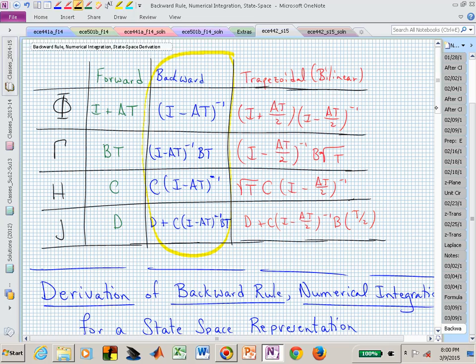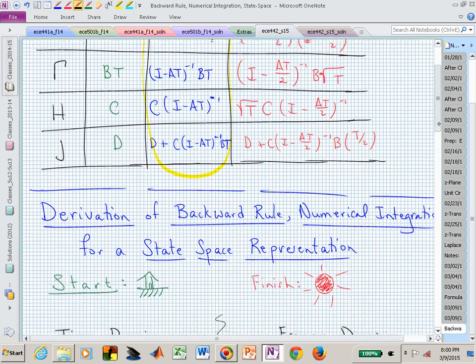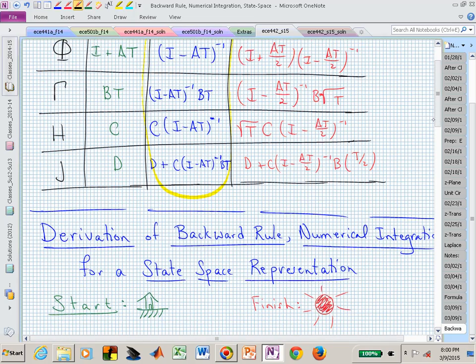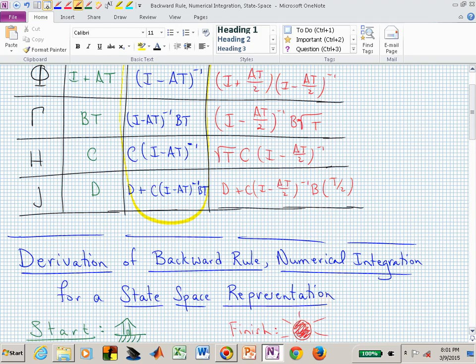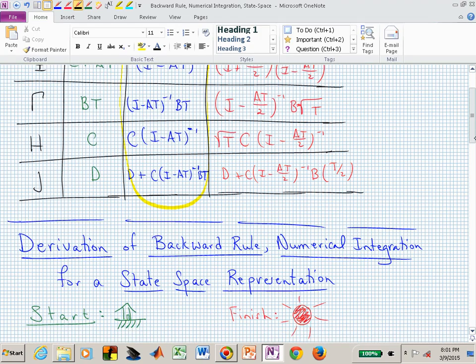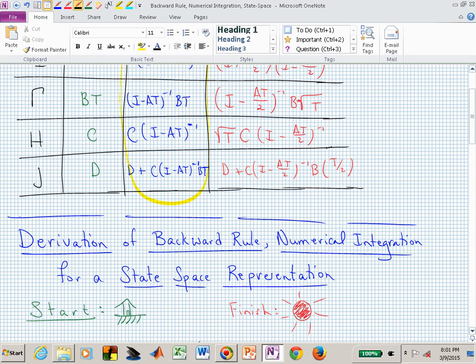So here's a very quick derivation of the backward rule numerical integration for a state space representation. We're starting at home and we're finishing at the sun, whatever that means. Well, that means we wanted to start with x dot equal Ax plus Be, I think was our input.